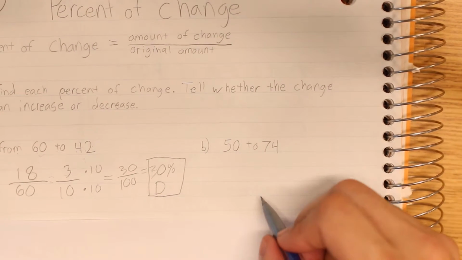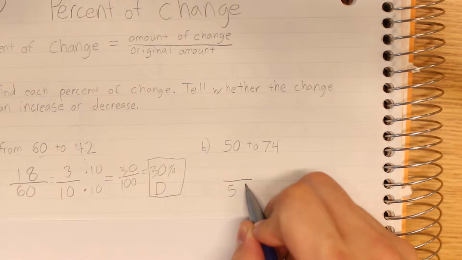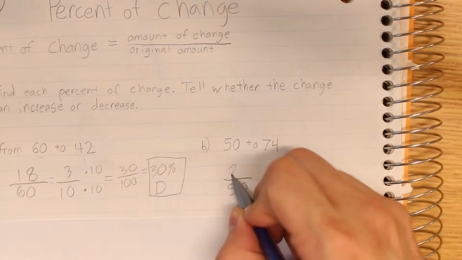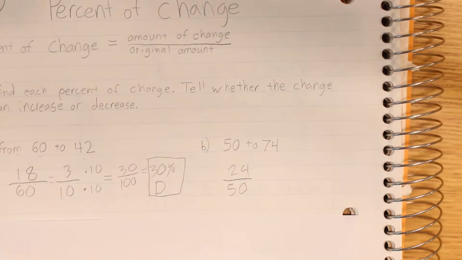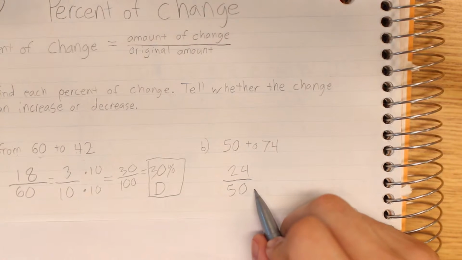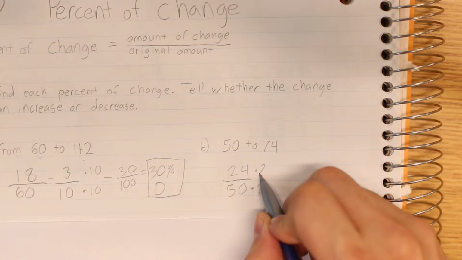Over here we do the same thing. So my original amount is 50. And it looks like that there is an increase of how much? Looks like about 24, okay? And so we need to find out what this is. And thankfully, 50 is an easy multiple to get to 100. We can times that by 2, times that by 2.